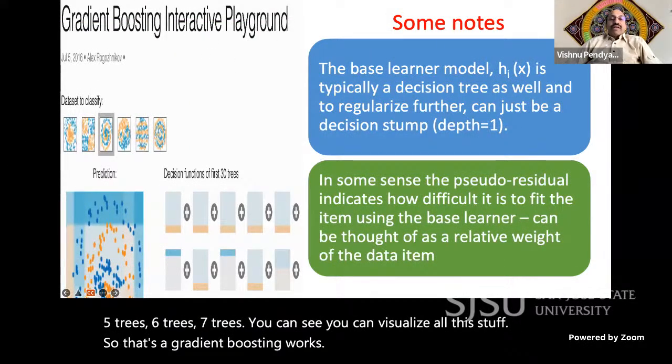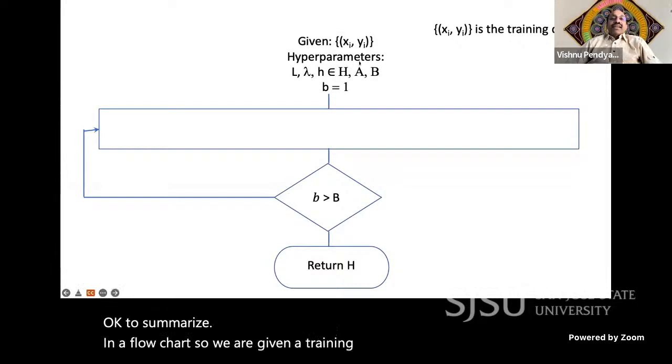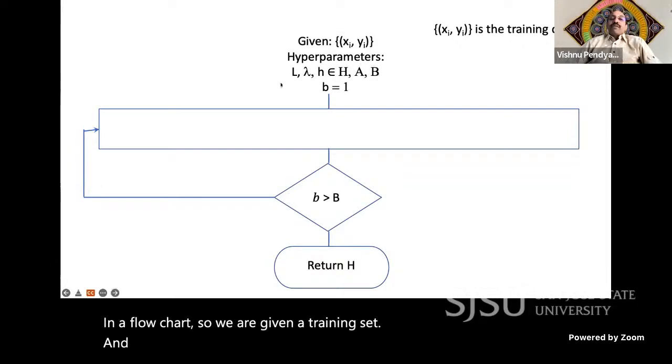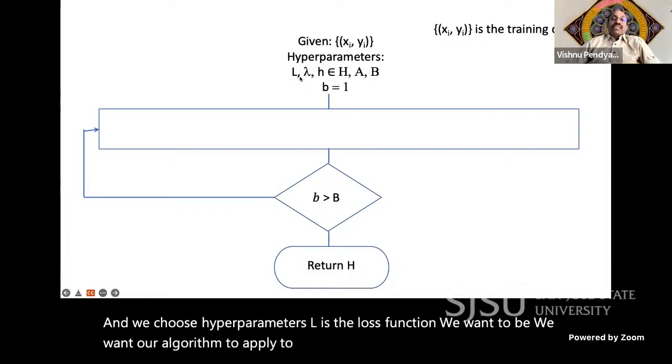Okay, to summarize in a flow chart, we are given a training set, and we choose hyperparameters. L is the loss function. We want our algorithm to apply to any loss function, not just the squared error.